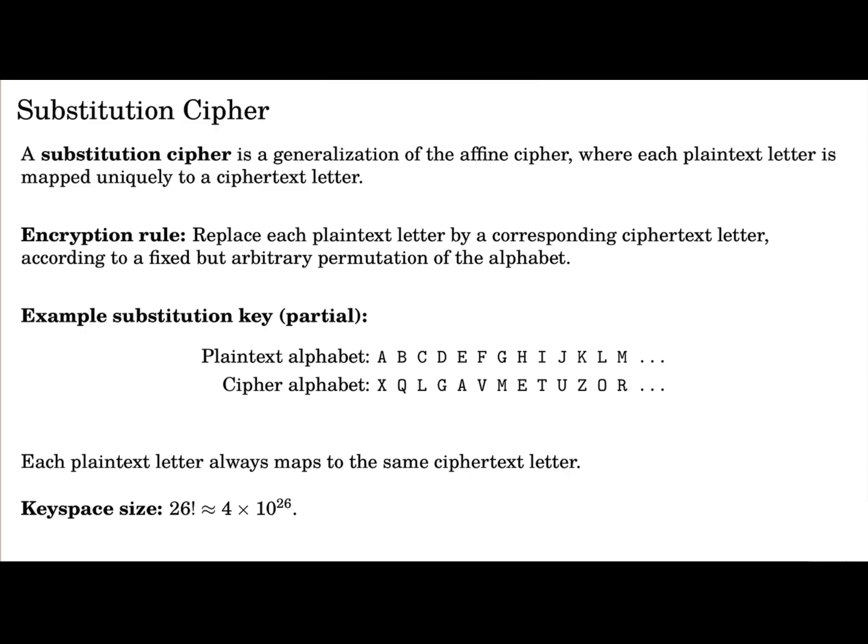So if A is assigned an X, B is assigned a Q, C is assigned an L, this rule is actually going to be the secret key. In this example, if you want to send the message "hi", then an H becomes an E, and the I becomes a T, and so you send ET.